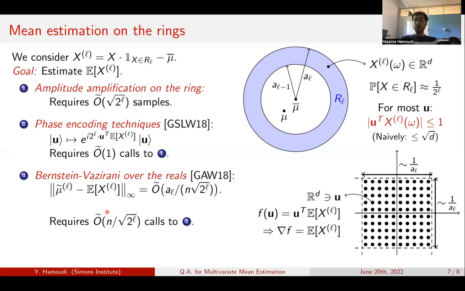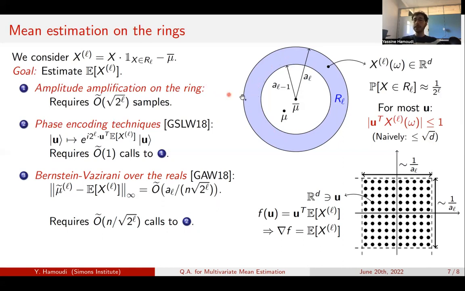So what is important to observe is that there is a trade-off between two different things. The first one is the number of steps we perform at the first step for the amplification. And the second part of the trade-off is the number of steps performed by the gradient estimation at the third step. You can see that when the radius of the ball is increasing, the amplification is going to take a larger amount of time because we need to amplify a smaller event.